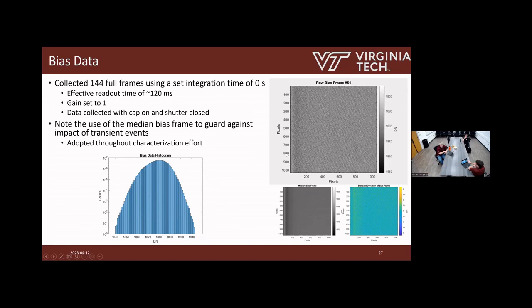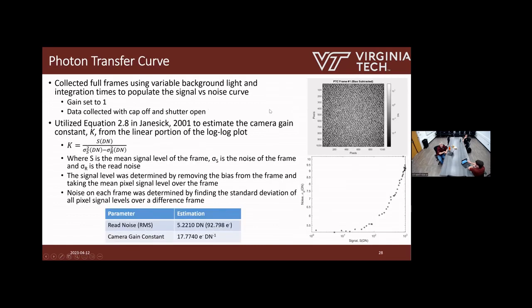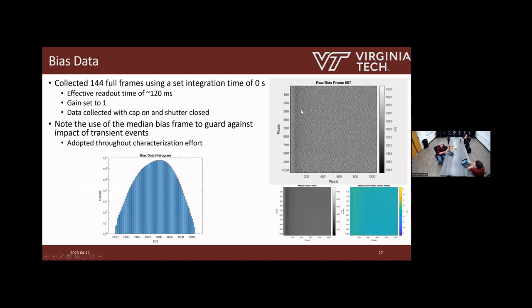However, something that we'll note is that we actually do, in these raw bias frames, see some additional structure going on than what we'd expect from just pure read noise. So we can see a somewhat dark band here on the left with a little bit of a brighter band right next to it. And so this is something that is actually occurring in our detector that's present in our bias frames.